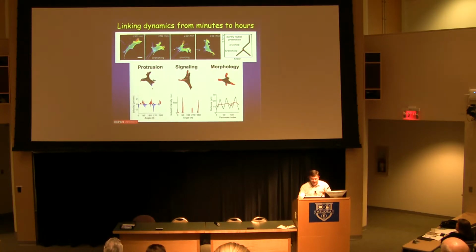So we see a density of pixels as a function of the angle relative to a fixed vector, in this case the negative x-axis. And we can do the same thing with static images of the signaling, and then also pick out regions that are extended from the cell body as a measure of where the protruding structures are, and that gives us some information about cell morphology.